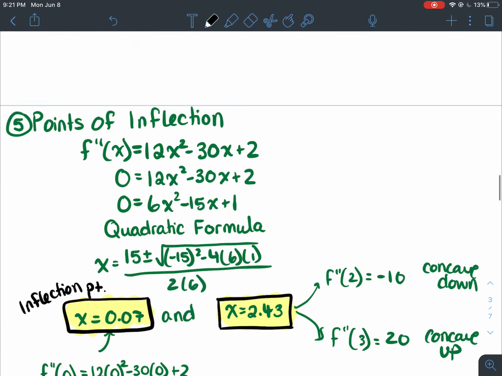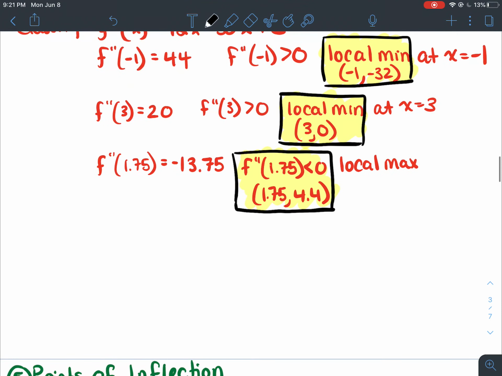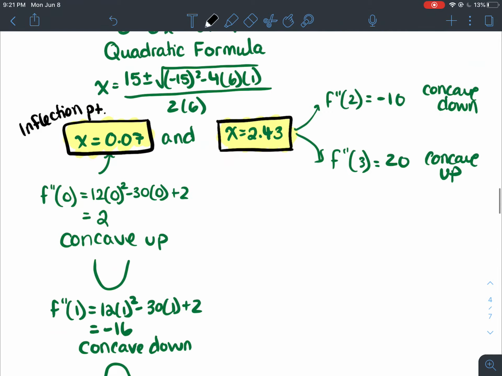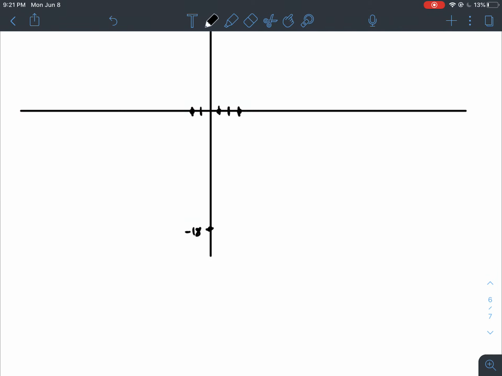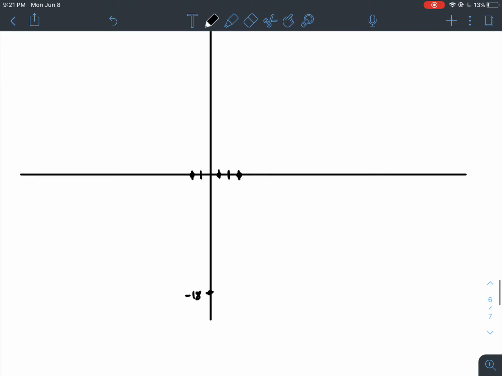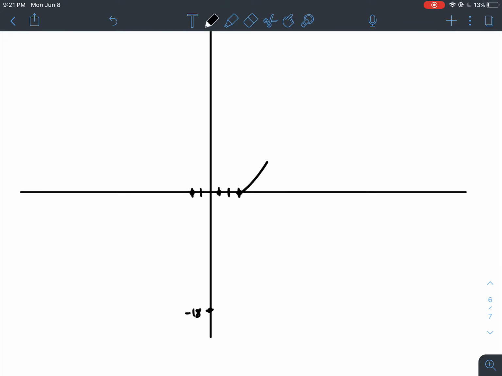My critical points I know are negative 1 and negative 32, 3 and 0, and 1.75 and 4.4. So I think I would graph those next. I got 3 and 0 is already on there, and I know that's going to be a minimum. Actually, I already know that from here my graph's just going to go up.